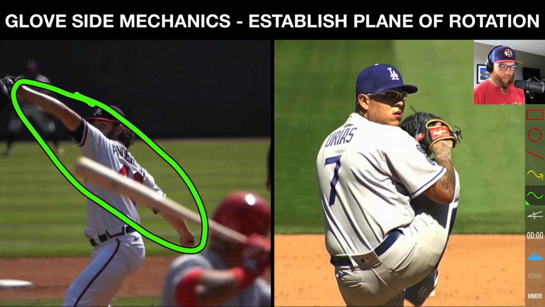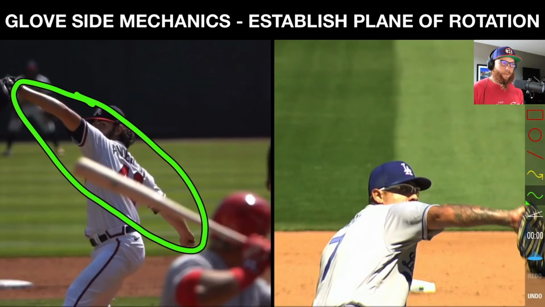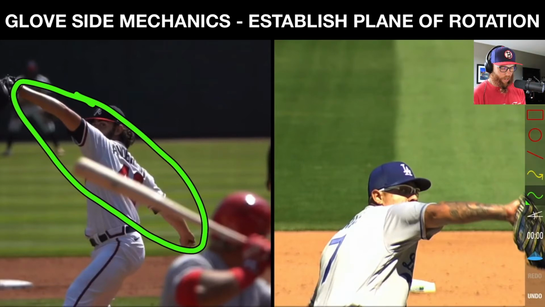It's when we're not efficient, and when we're forcing movements, that we get in trouble, when the game speeds up or we're tired or whatever. So we're looking at biomechanically efficient patterns here. So Ian Anderson establishing this plane of rotation.